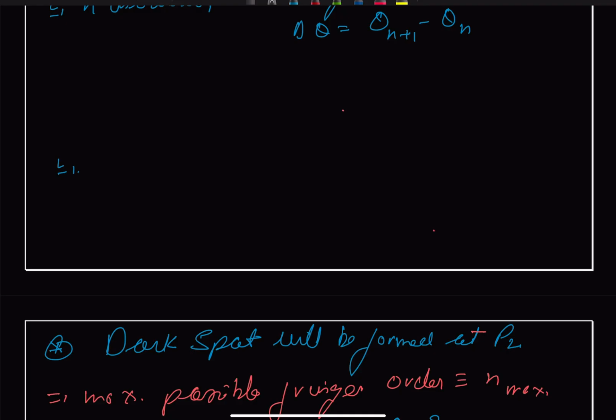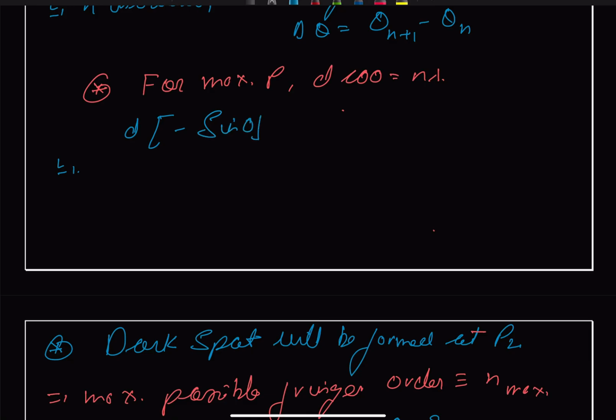We already know that for maximum P, our d cos theta is equal to n lambda, and from here if you differentiate it, we get d minus sine of theta d theta is equal to d of n multiplied by lambda. Now we can easily find out the angular fringe width.